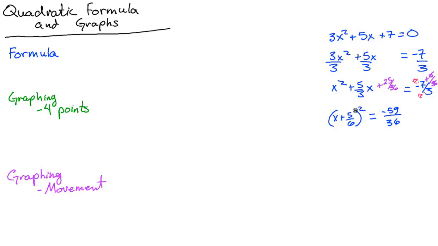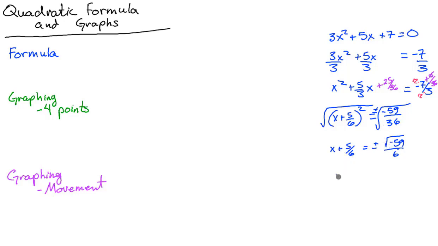So now we have a perfect square. We can square root. What do we not forget there? Plus or minus. So we get x plus 5/6 equals plus or minus square root of negative 59 over 36, square root of 36 is 6. That came out nice, good. And the square root of a negative, that negative will come out as an i.